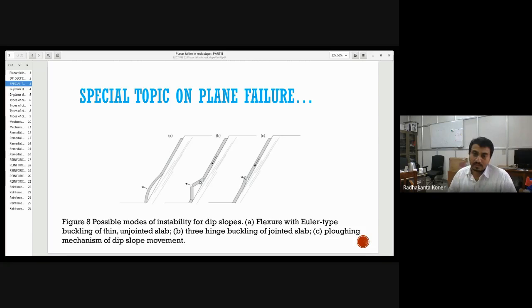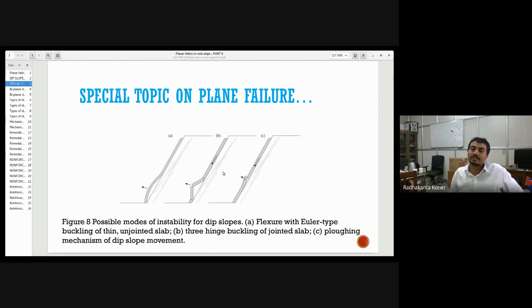Another thing may happen, that is the third stage. What is the third stage? Now, if by chance there is some deflection in the sheet, and this is a long slope, with height maybe 20 meters, 15 meters like that, a special kind of slope, then due to the deflection the sheet will try to pressurize the bottom one, and due to this pressurization the bottom sheet will try to be dislodged.